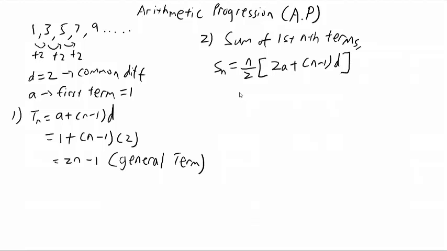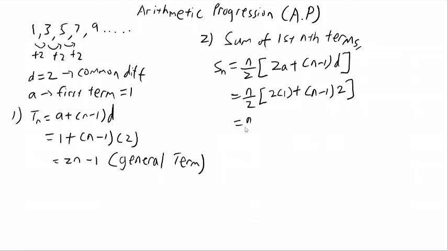Let's apply this formula to this example. N you leave there, don't touch the n because it's a variable. And the a in this case is 1, so 2 times 1 is 2. Let me write down: 2 times 1 plus (n minus 1), and the common difference is 2.